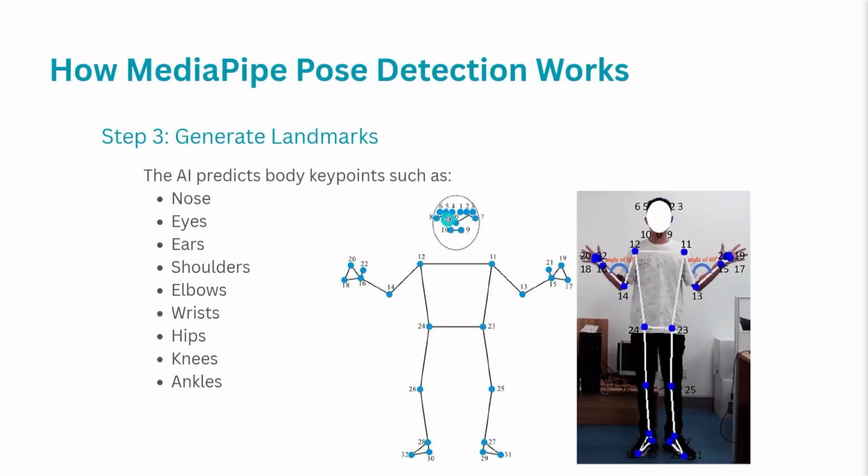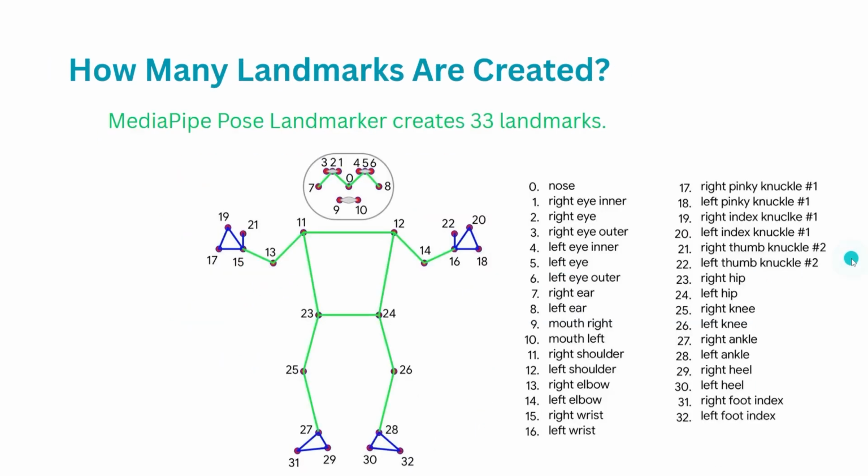If I talk about the key points, it can detect nose, eyes, ears, shoulders, elbows, wrist, hip, knees, and ankles. It can detect the whole human structure, body, joints. Now, as I told you earlier, MediaPipe Pose Landmarker creates 33 different landmarks.